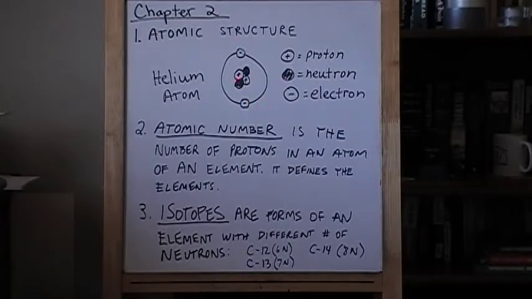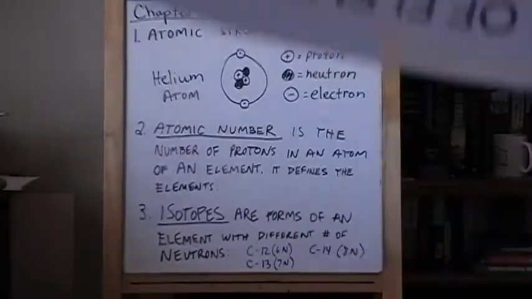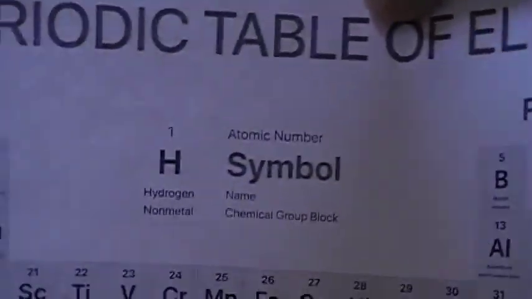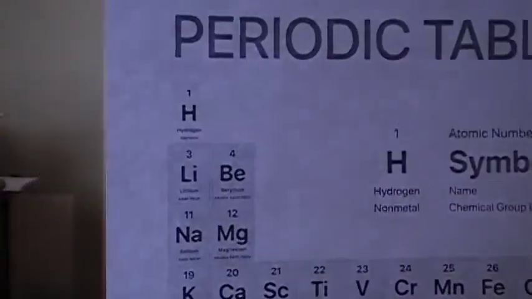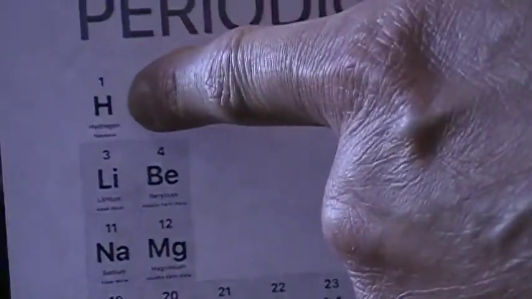Another thing about atoms is the atomic number. So the atomic number is the number of protons in the atom of a particular element, and this is fixed for each element. If you look at the periodic table of the elements, you can see that for each element there's a number.